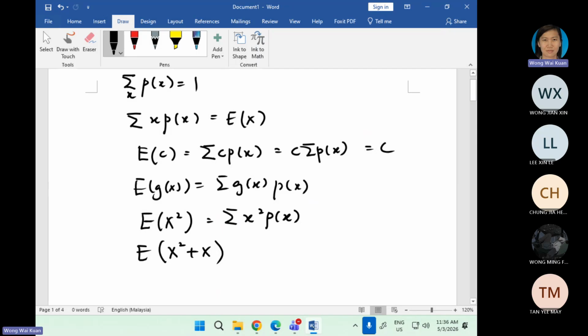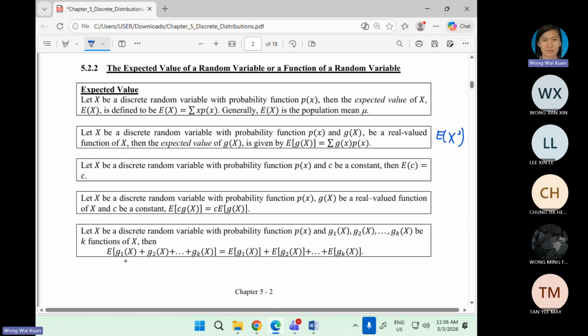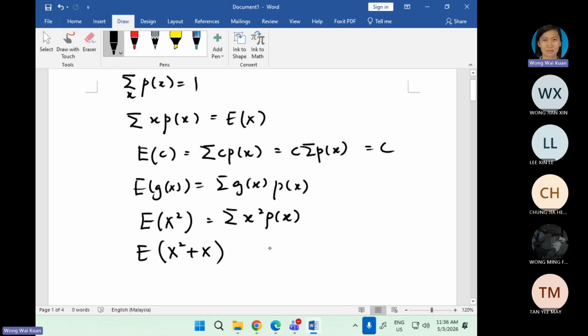According to the last one here, if you have a function with a plus, then you can do this separately. That is allowed. So I can do it as E of X squared plus EX. That's what it means for the last one.